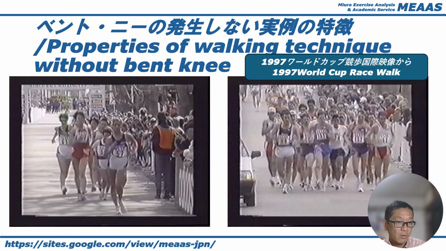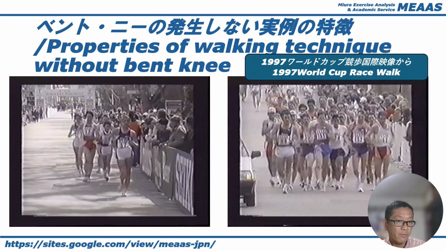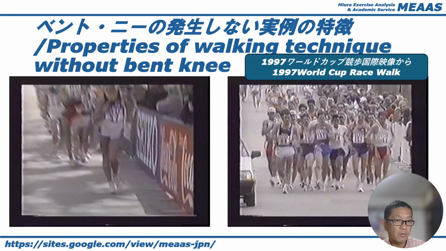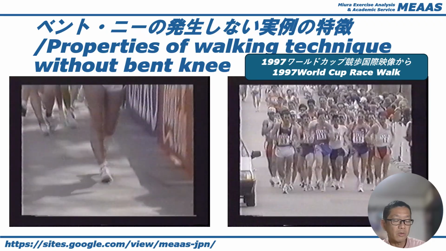Until the last slide, I've explained the mechanism of correct technique with stop motion and the schema of technique, but maybe many of the audience of this movie cannot imagine the technique, how to walk without bending.